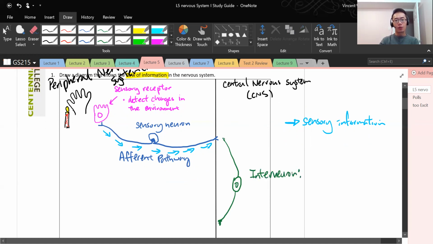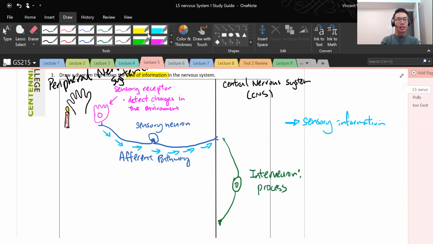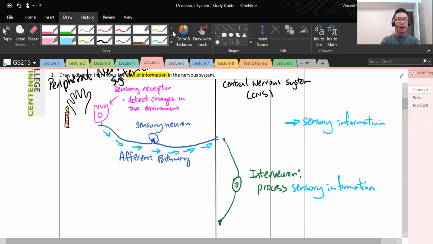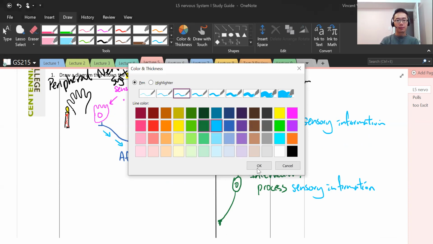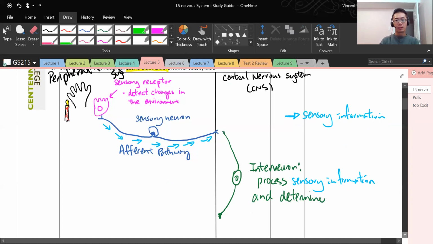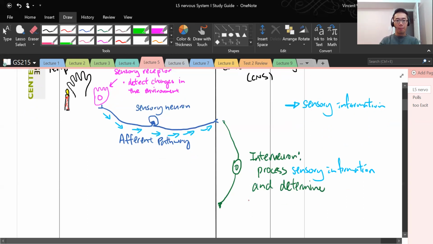Okay, so what does the interneuron do? The interneuron will process sensory information and determine motor output.